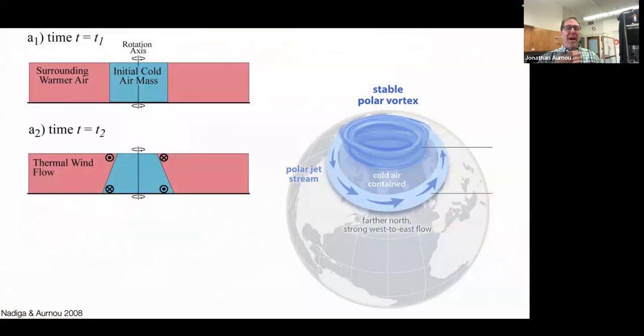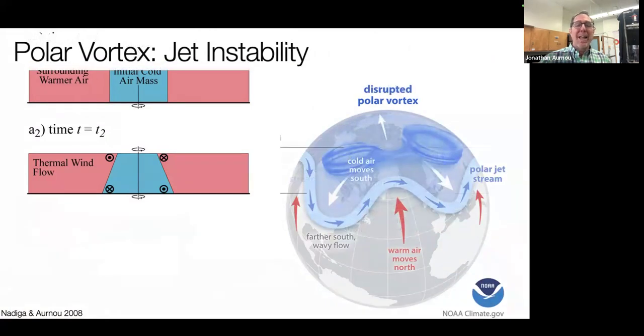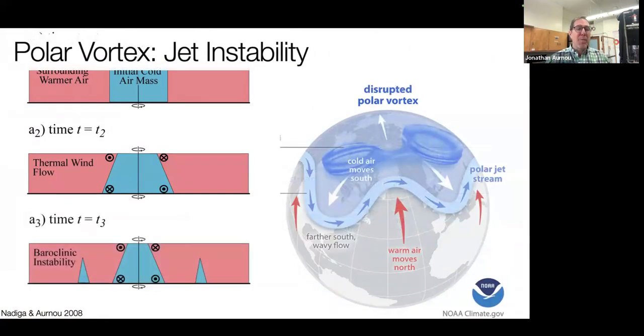You have a big bolus of air. It tries to spread out, but instead Coriolis holds it up with these swirling flows. But then that goes unstable. That rips itself apart. And when it rips itself apart, the baroclinic eddies that form, these little structures here, these little subcones, settle lower in the atmosphere. You're releasing potential energy.